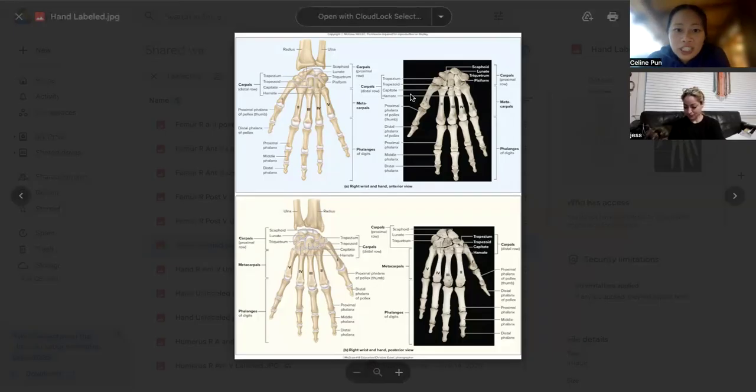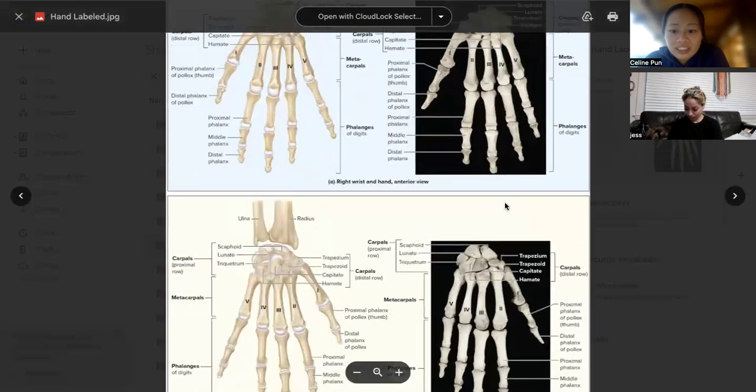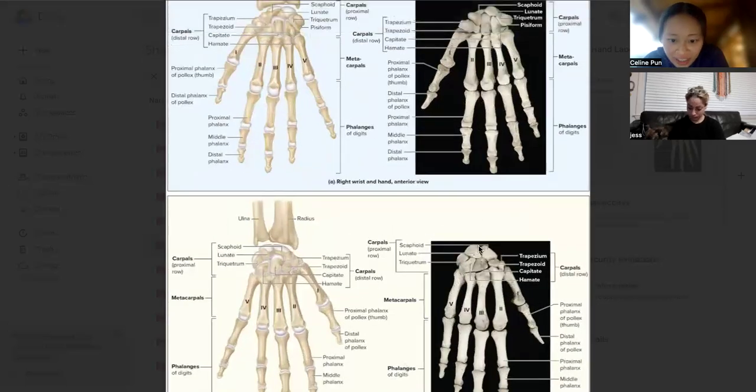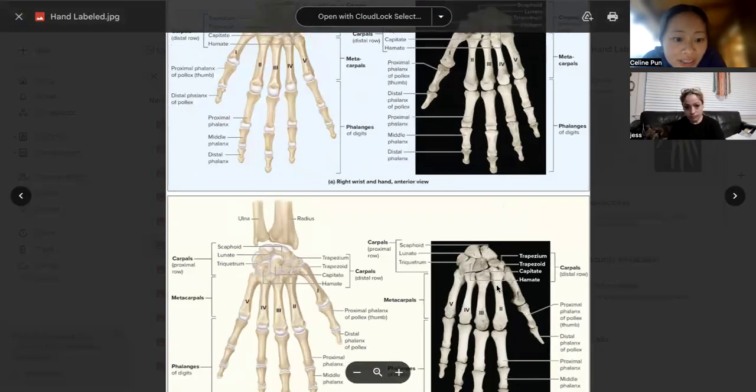But you should look at the carpals on the pictures to see, okay, the top one is scaphoid, next to it is lunate, and right underneath is the triquetrum. Then it is pisiform. Where's pisiform? Oh, this one does not have pisiform on this.